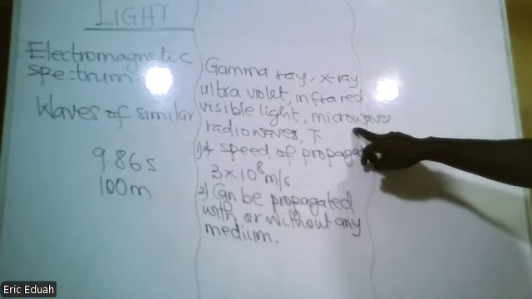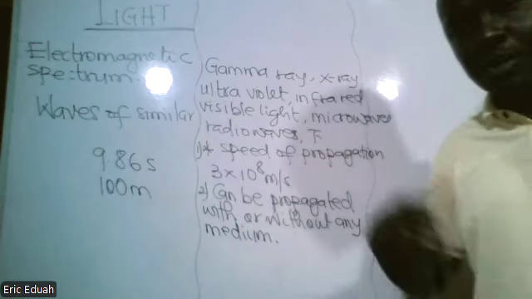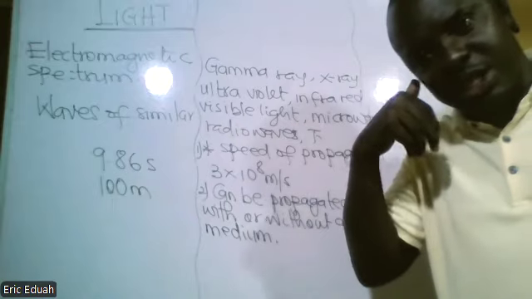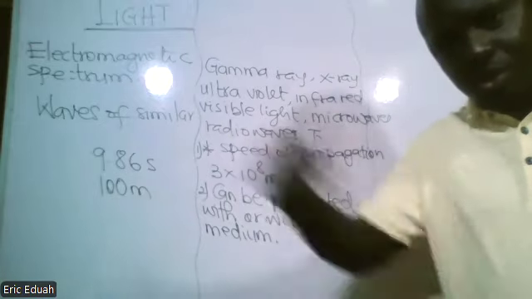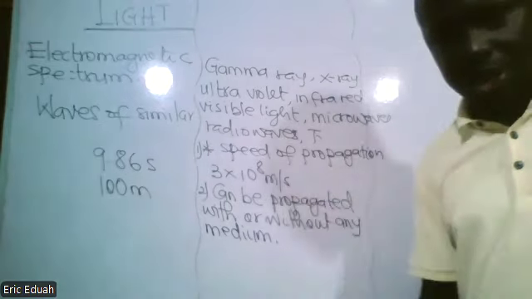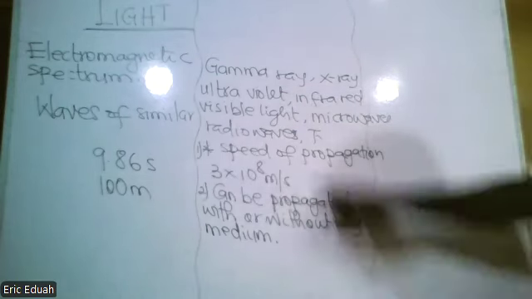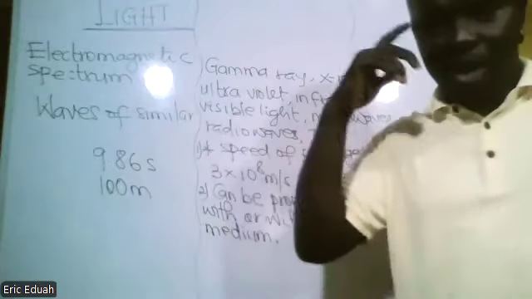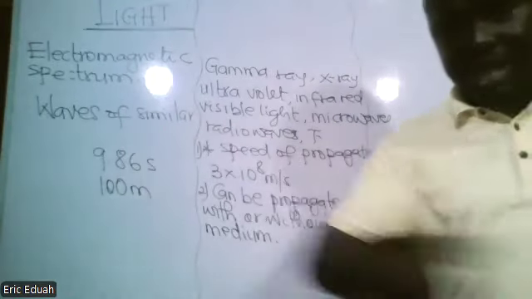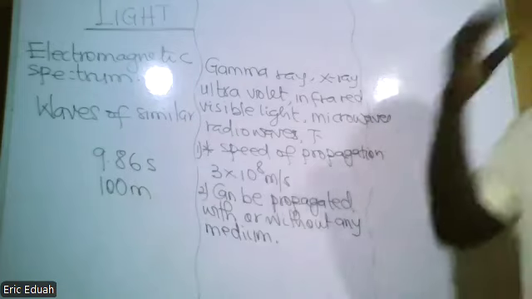Microwaves, for instance, is used for long distance communication, mobile phone, telecommunication. Okay. Radio waves, whatever we get from radio sets, wireless, TV signals, and so on.